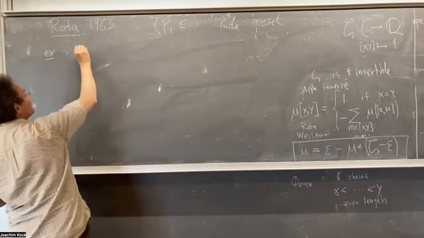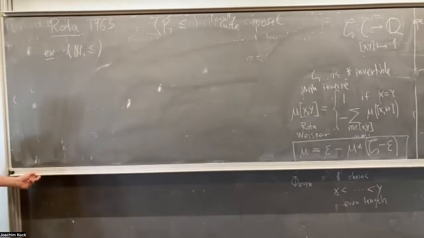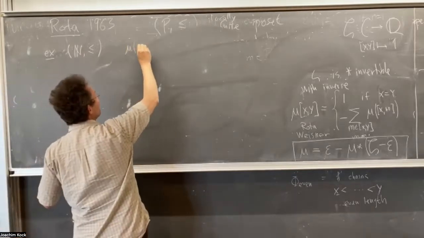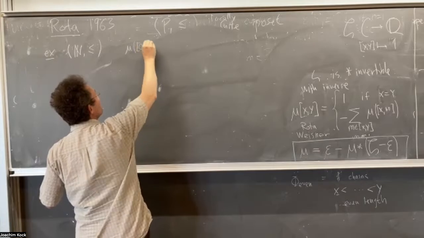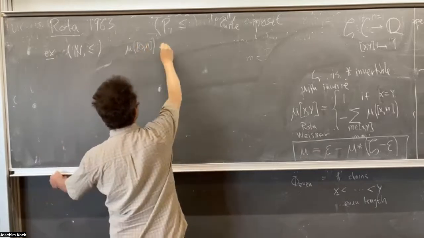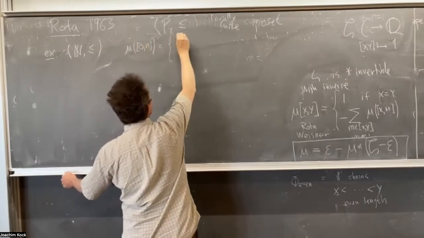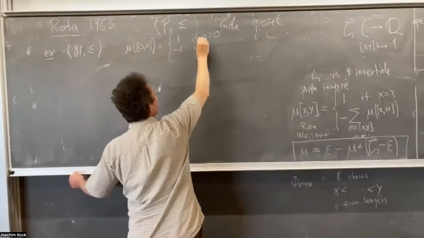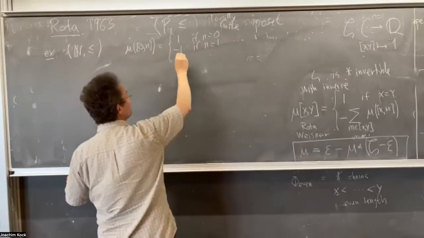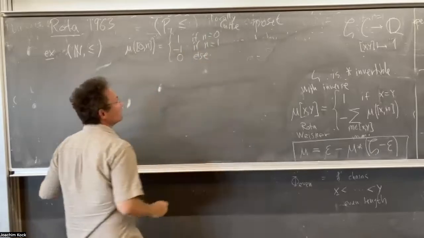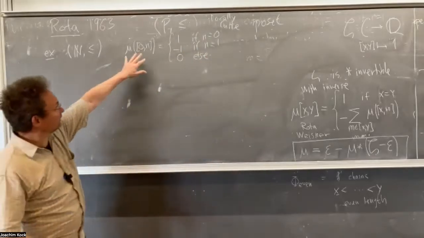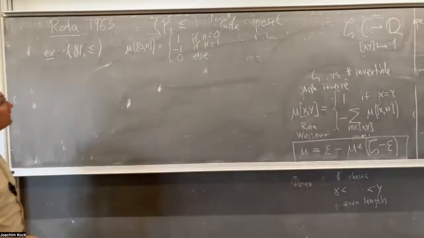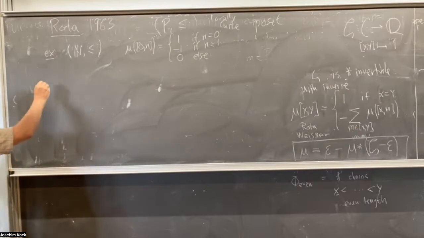If you take this poset, all the natural numbers, then you can easily check that the Möbius function is equal to 1 if n is equal to 0, minus 1 if n is equal to 1, and 0 otherwise. So how do you do that? Well, you just take this function and verify that it satisfies this recursion. So that's sort of a base example.